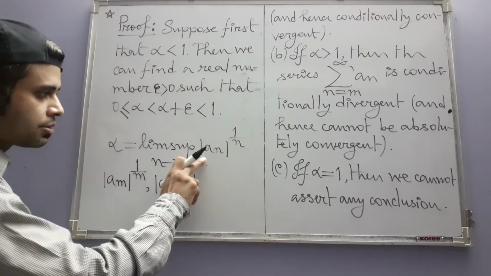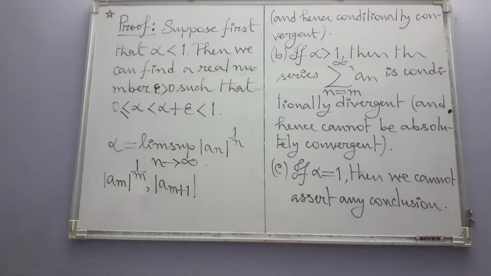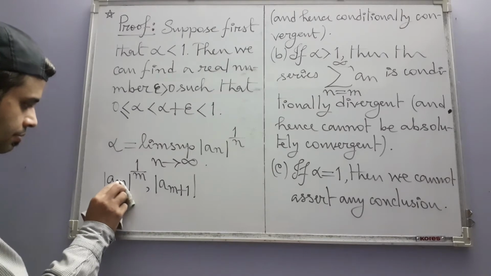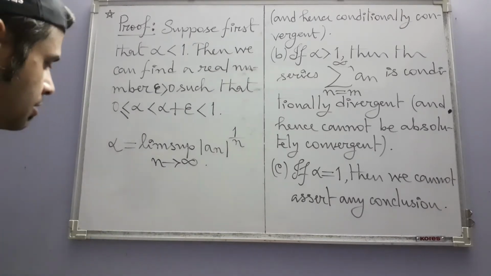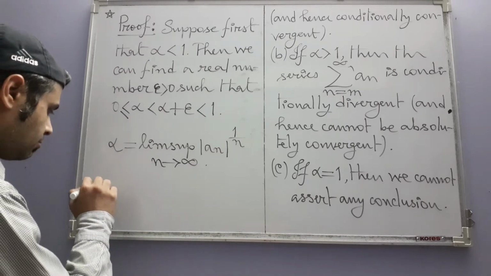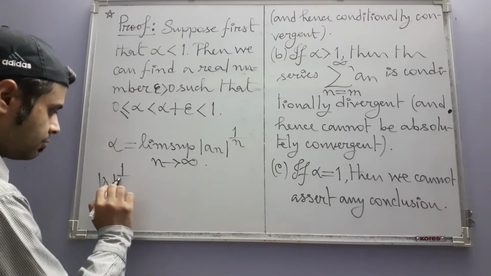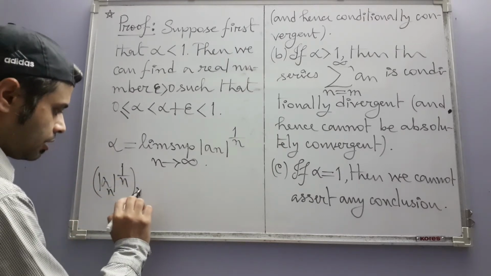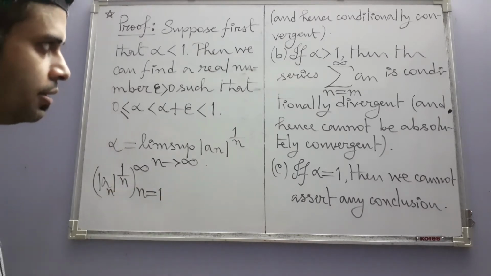So the sequence that we see here is actually this sequence: the nth root of the absolute value of a_n, where n varies from 1 to infinity.